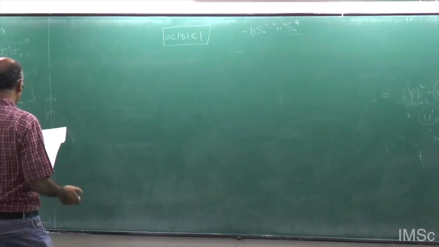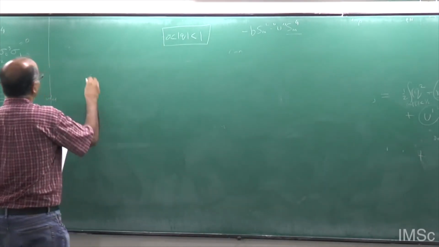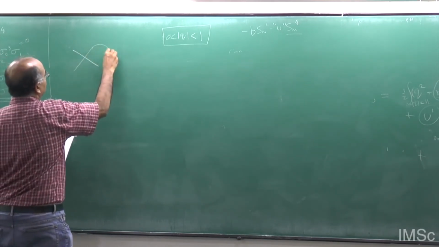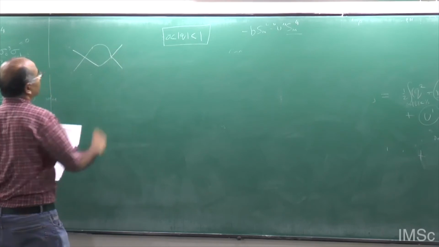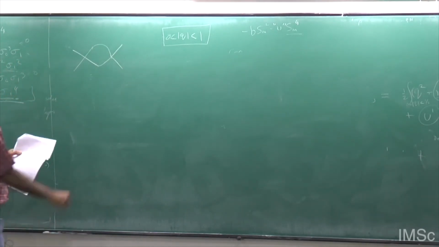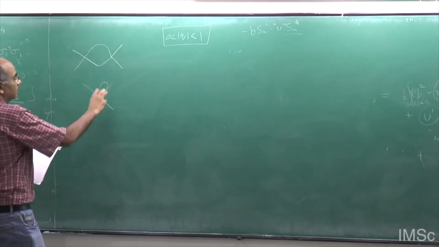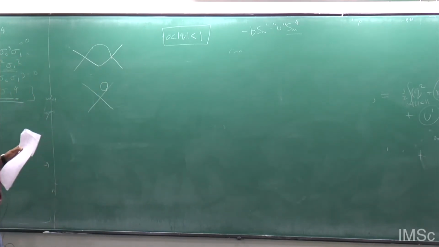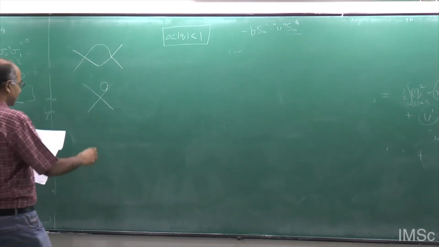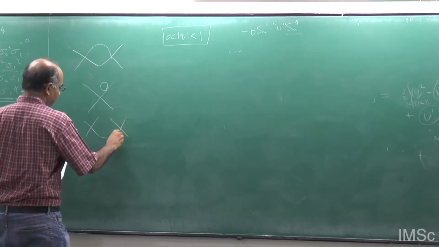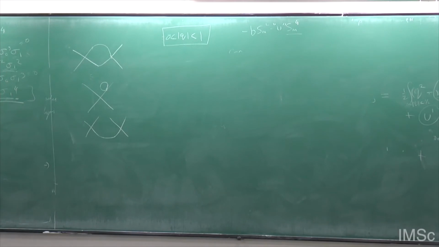Okay, second order diagrams, there are diagrams like this. That's one diagram. Then there are diagrams like this. Okay. Then there are diagrams like this. So what do I mean by diagrams like this?